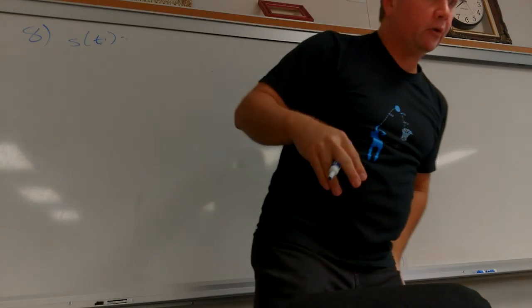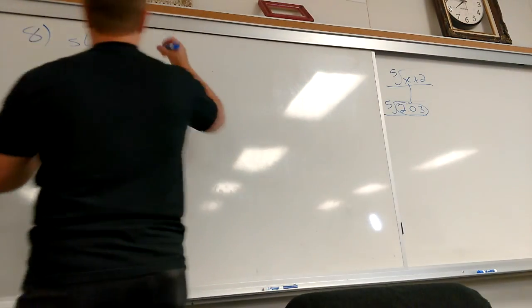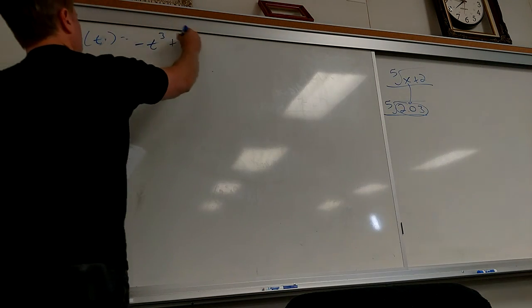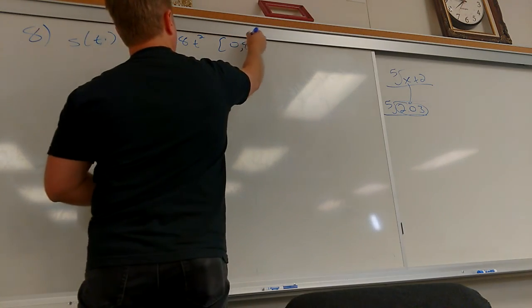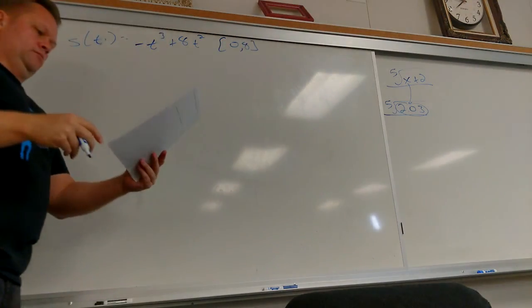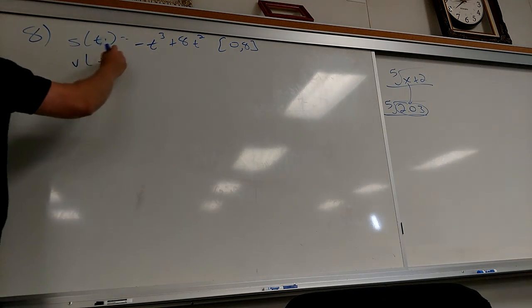Okay. Take the derivatives. What was it? Negative t cubed, 8t squared, and it's 0 to 8 for the time. So what's the velocity?